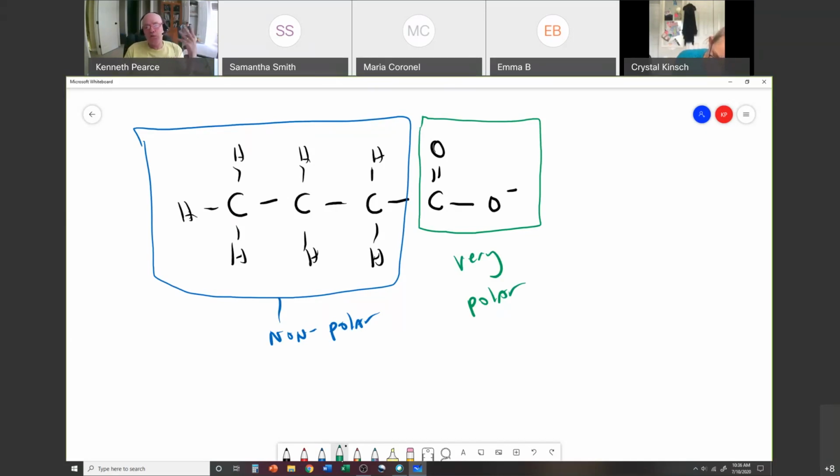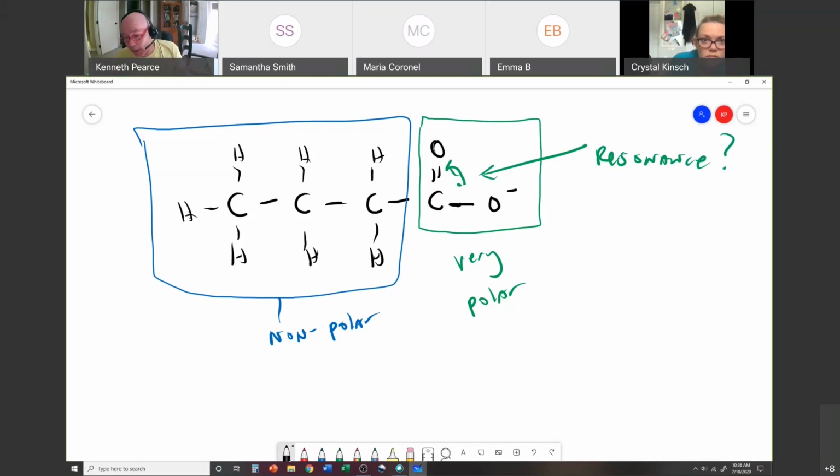And by the way, to finish up this whole idea, how many resonance structures would you have here? Two, because this guy would go back and forth between the two. That's two resonance structures. So this acid group here would have two resonance structures.